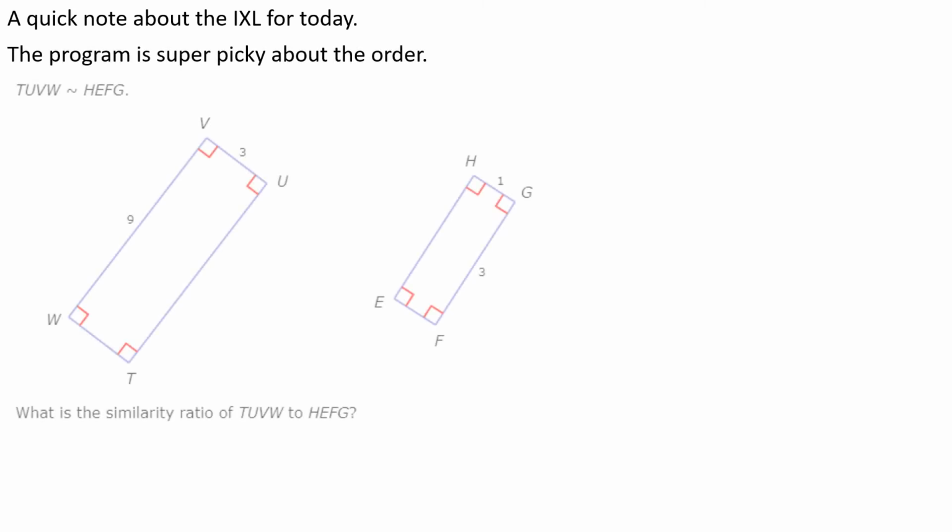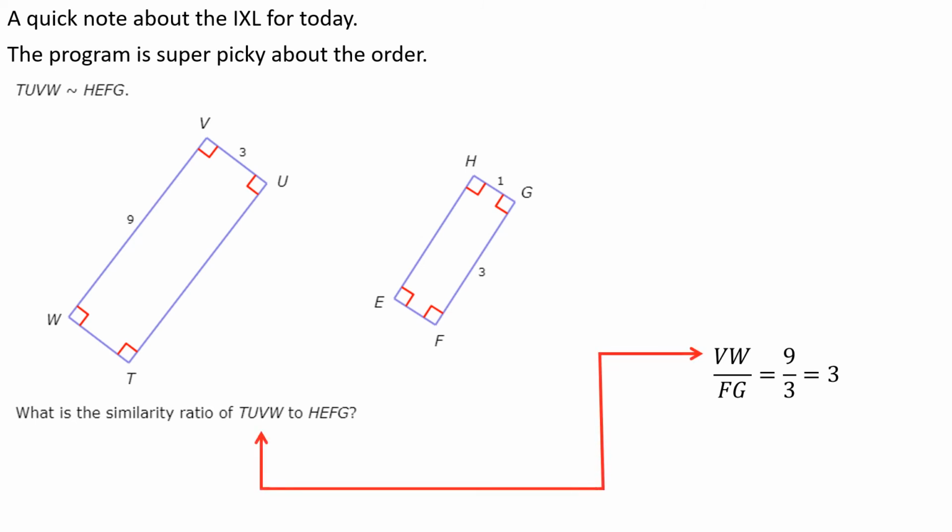Now for the IXL, just so you don't get a little bit frustrated, here's an actual screenshot of one of the questions. And if I was doing this question, I can compare side VW to side FG, and I get 3. Now, the problem is, if I'd done it the other order, if I put FG on top and put VW on the bottom, I would have gotten 1/3.